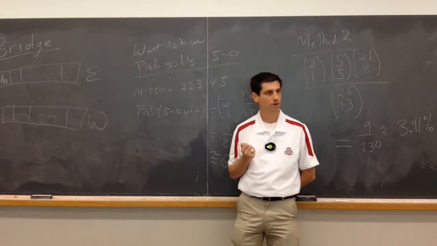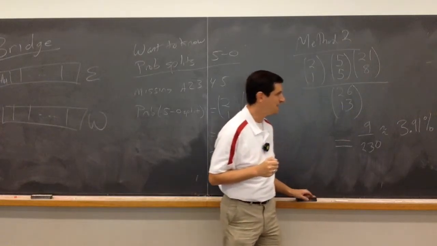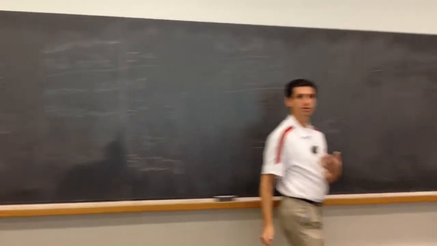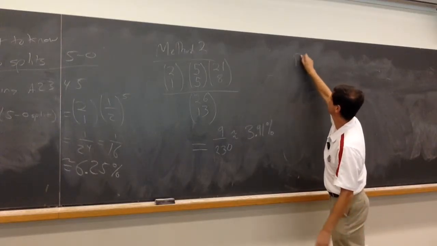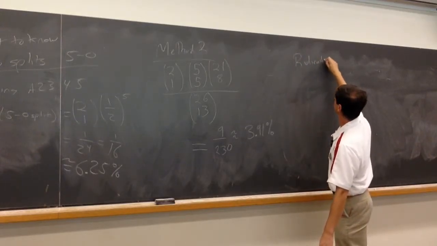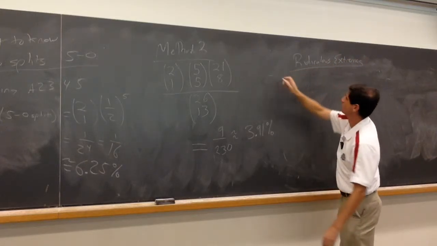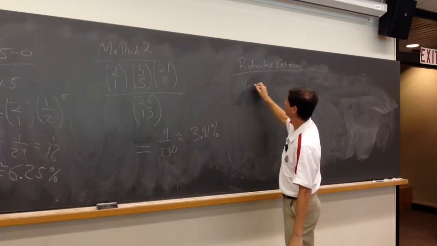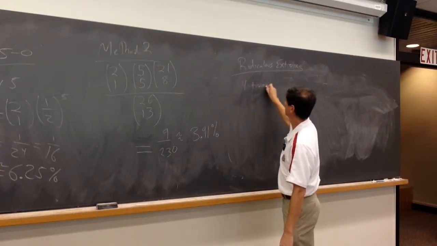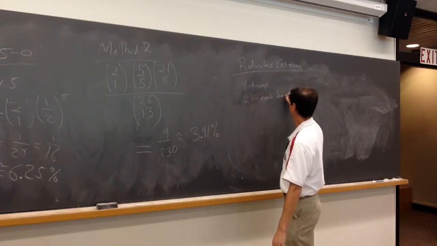Okay? The other thing is, as you've probably learned by now, I love extreme examples. I think you can learn an enormous amount from extreme examples. So let's go to ridiculous extremes. So let's say there are 4 trump, and you want to have 2 in each hand.